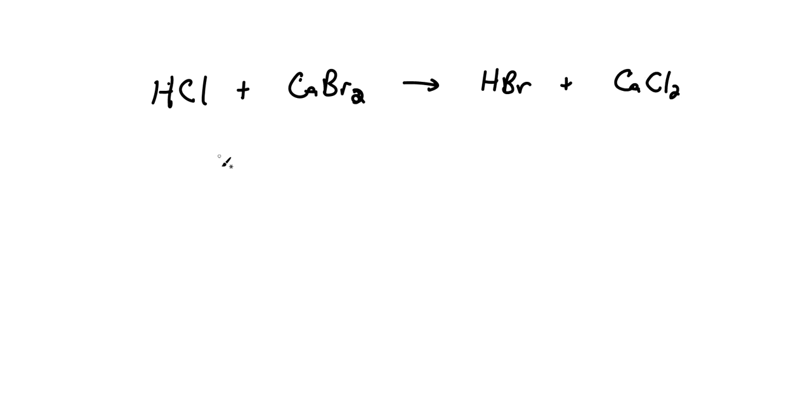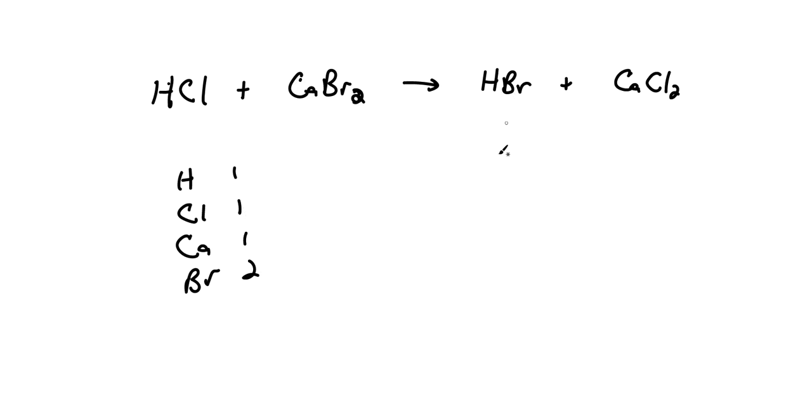So let's see if this equation is balanced. On our reactant side, we have hydrogen, chlorine, calcium, and bromine: one hydrogen, one chlorine, one calcium, and two bromines.